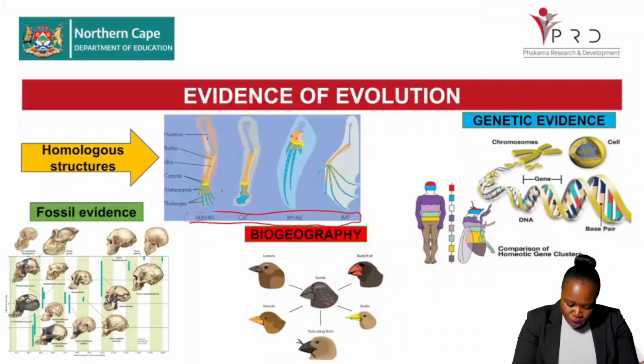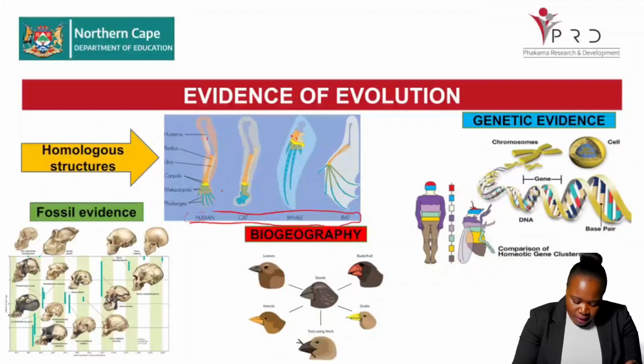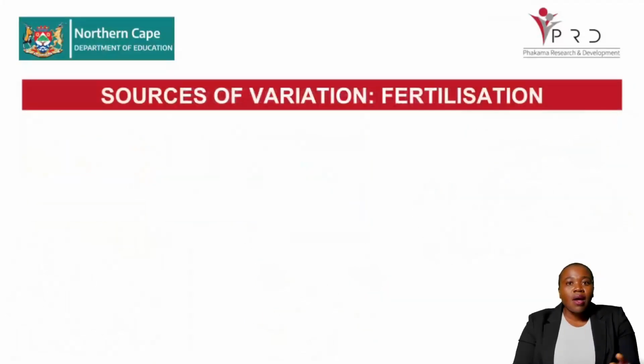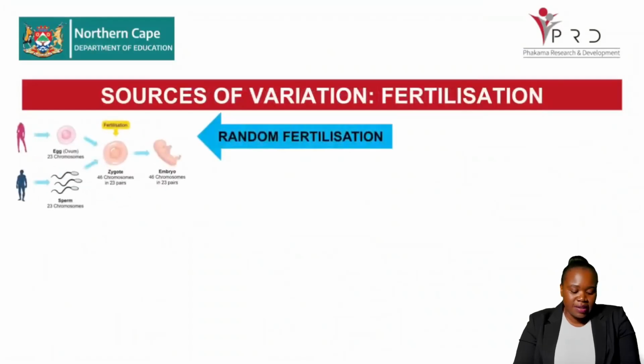We also have biogeography, which shows different organisms from different areas and the relationship between those based on some of the structures that may be different or show some similarities. And then lastly, we have genetic evidence, whereby the genetic material is compared to see how closely related certain organisms are to each other. And then we also have the sources of variation, right?